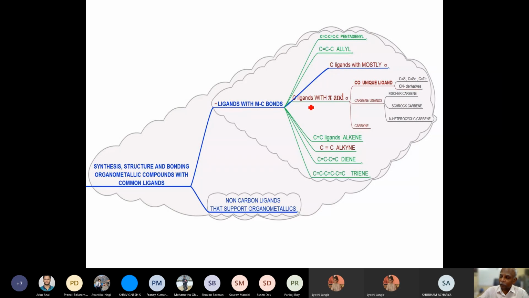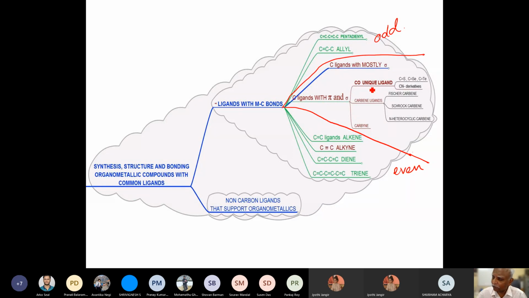I have the even number of carbons listed in the lower half of this mind map, with a single carbon attached to the metal like this, and then I have even and odd numbers of carbons separated out.